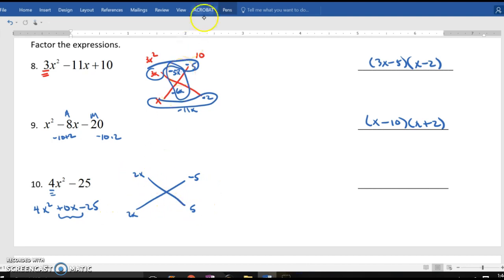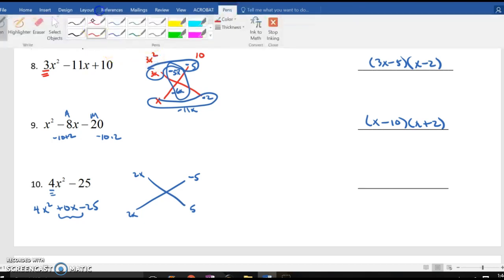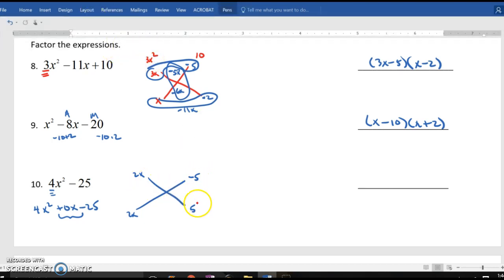Now, when I cross multiply here, the cross product should equal 0, right? So 2x times 5 is 10x. Negative 5 times 2x is negative 10x. And when I add these together, I get 0x. So this becomes 2x minus 5, 2x plus 5. Boom.